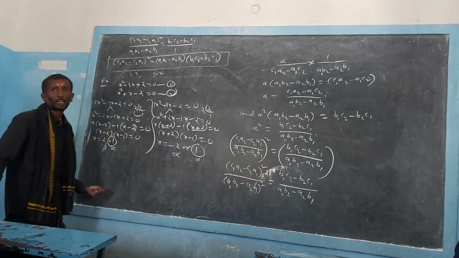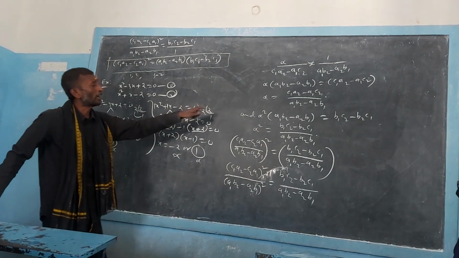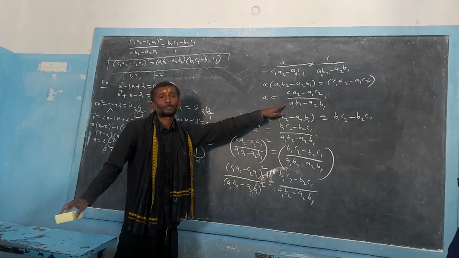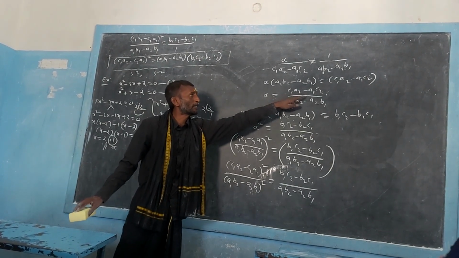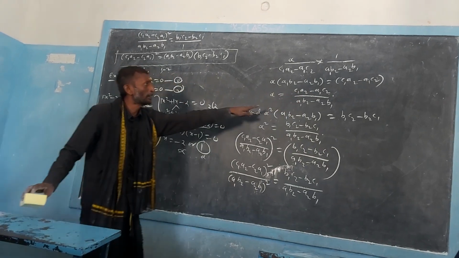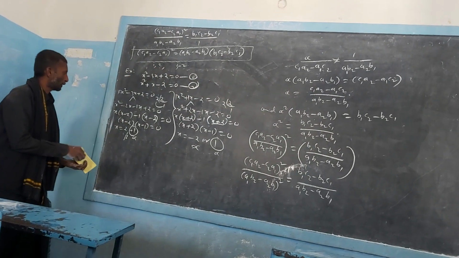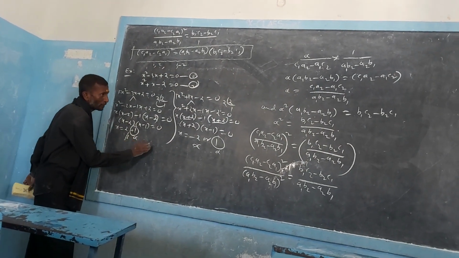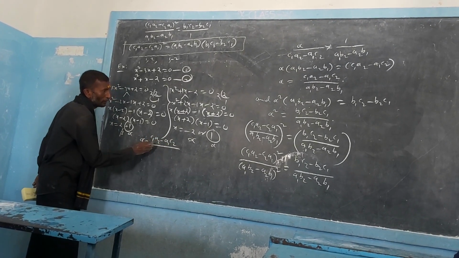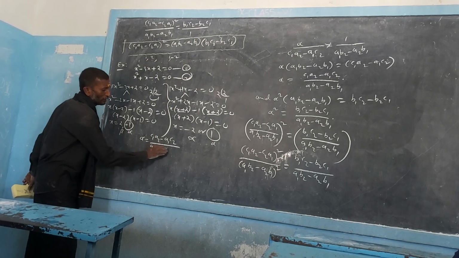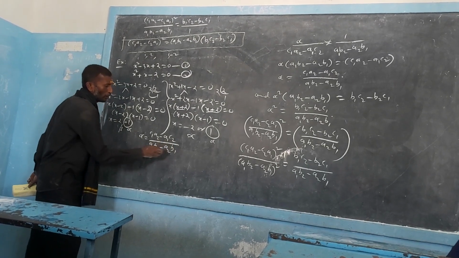Instead of doing that whole process, we can get the alpha value by using this formula: alpha equals (C1A2 − A1C2) by (A1B2 − A2B1). So how do we use it?